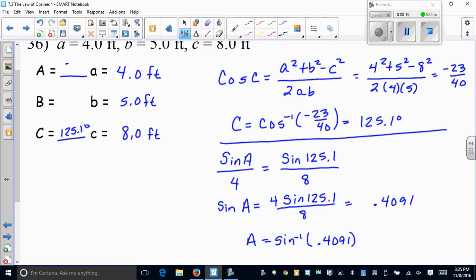And then our last one is easy. Angle B is going to be 180 minus 24.1 minus 125.1, which is going to give us an angle of 30.8 degrees. And we have that one down.